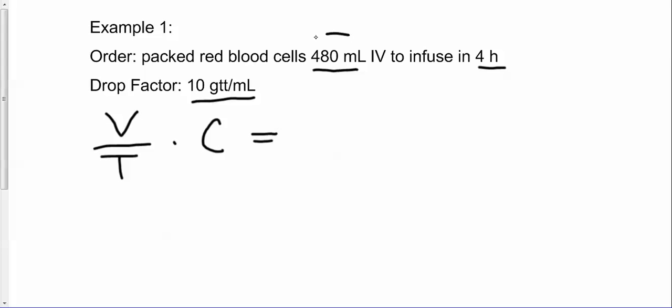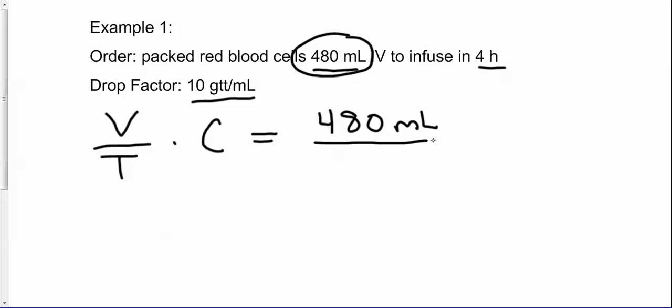So in the problem, the volume was given in milliliters already, so we just go 480 ml divided by time. The time was given in hours, so to convert it to minutes, we can times that by 60.